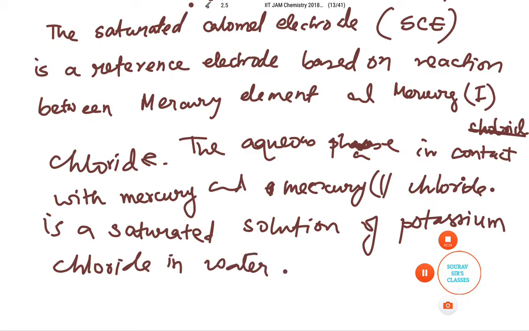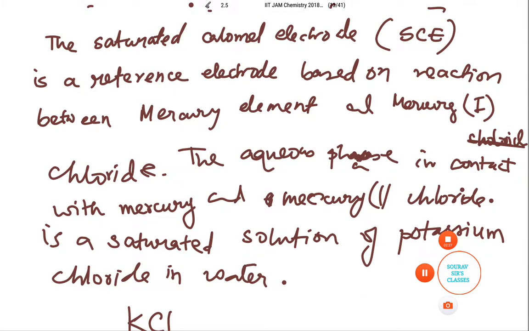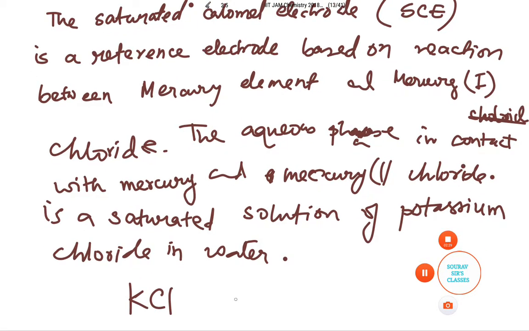So basically potassium chloride is KCl and mercury 1 chloride is Hg2Cl2, because here mercury is in the +1 state.